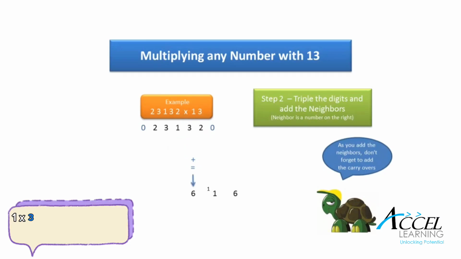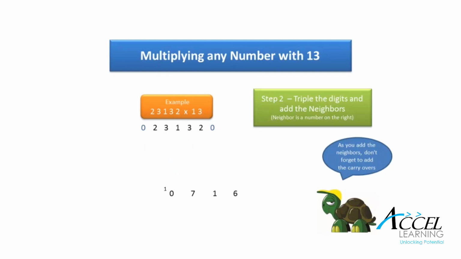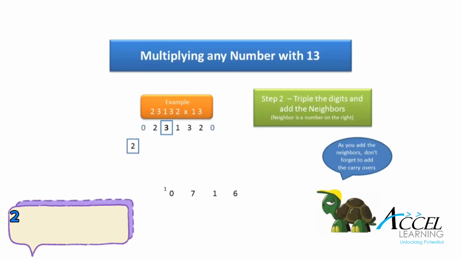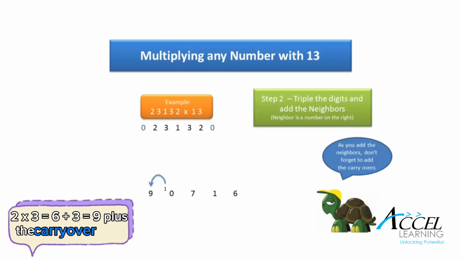1 times 3 equals 3 plus 3 equals 6. As you add the neighbors, don't forget to add the carryovers. So 6 plus 1 is 7. And then 3 times 3 equals 9 plus 1 equals 10 with a carryover of 1. 2 times 3 equals 6 plus 3 equals 9 plus the carryover of 1 equals 10.